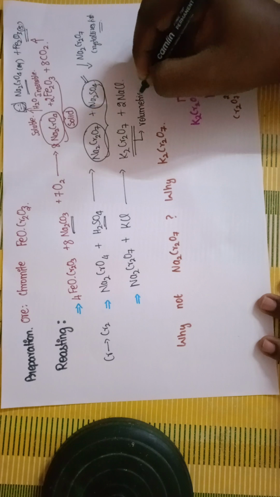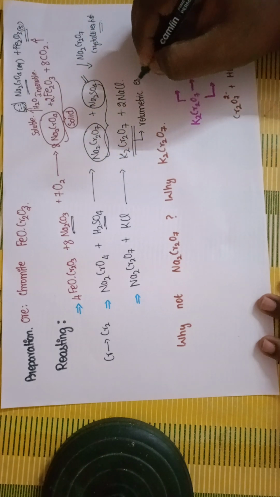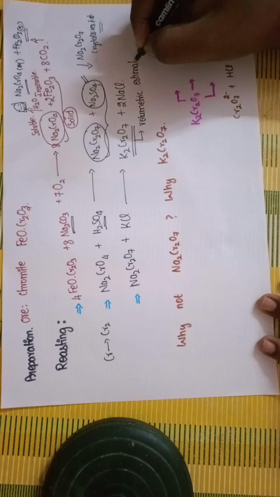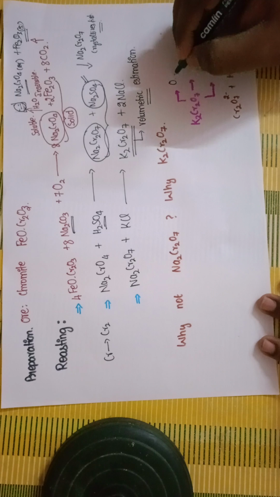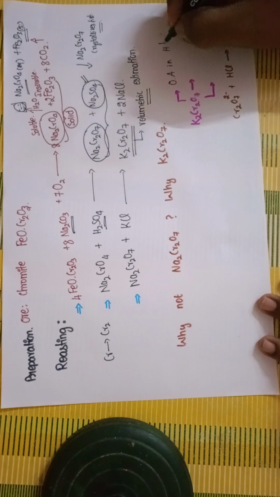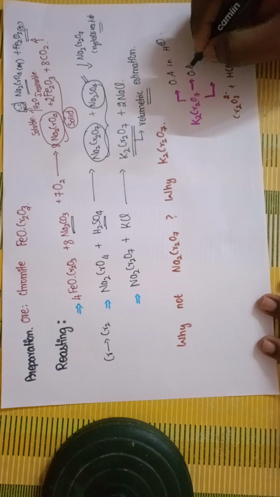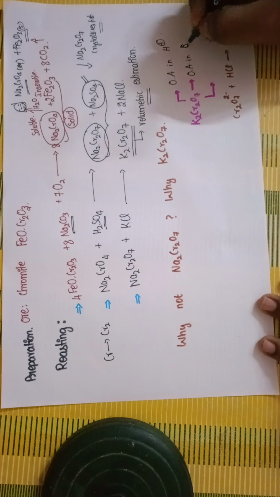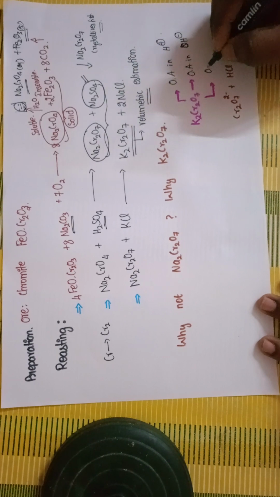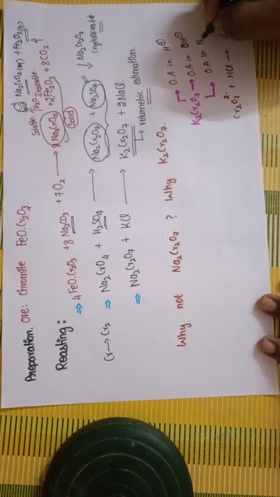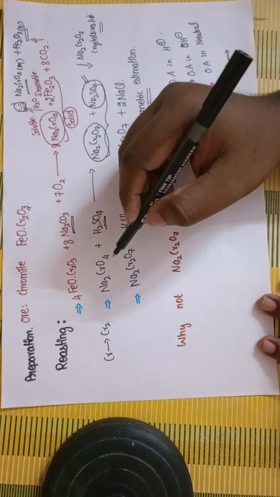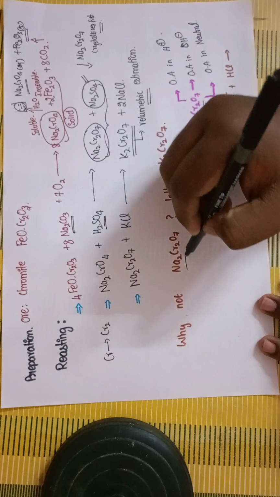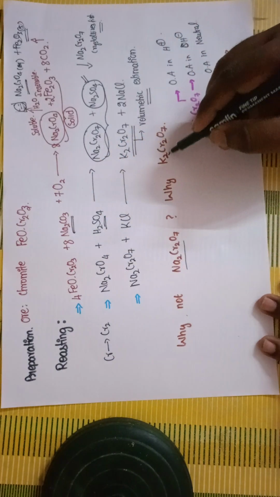It is a good strong oxidizing agent, so it is used in volumetric estimation. It can act as an oxidizing agent in acidic medium, in basic medium, and in neutral medium. Now one question will come: why not use sodium dichromate instead of potassium dichromate?